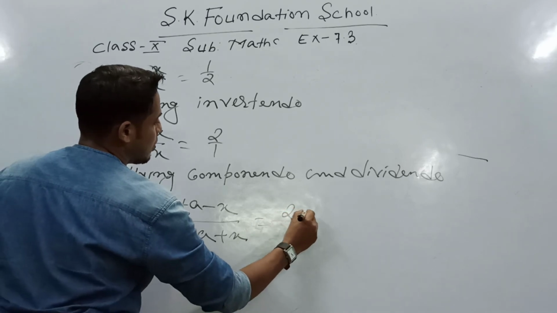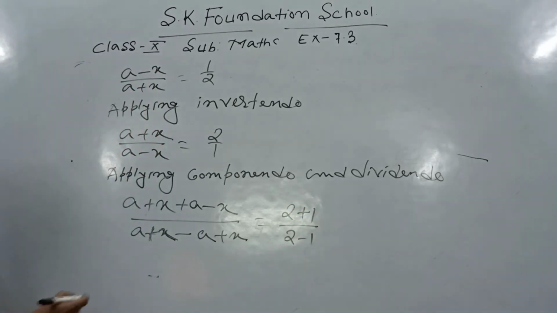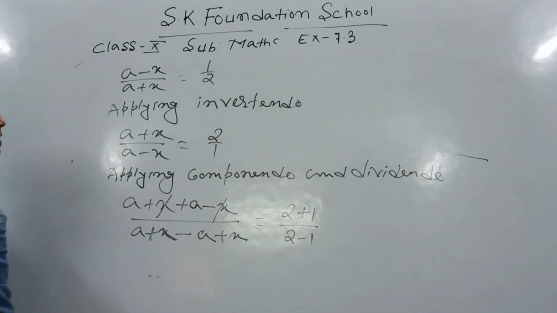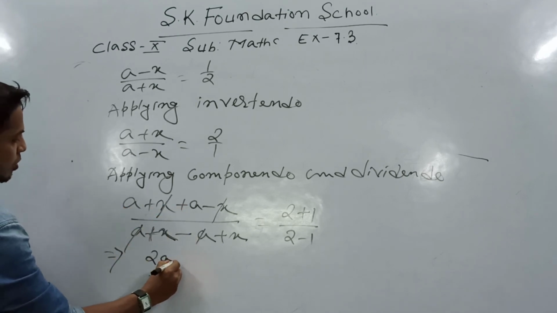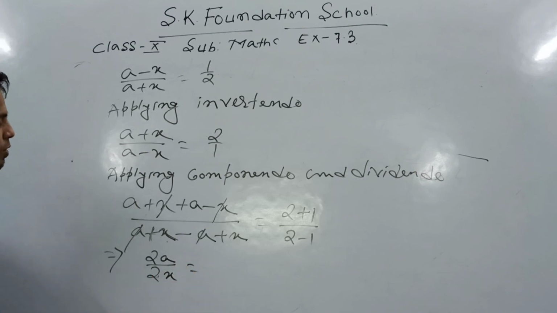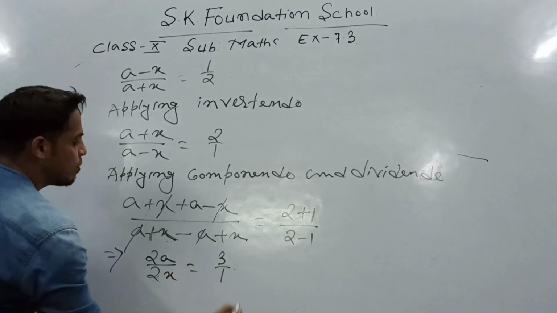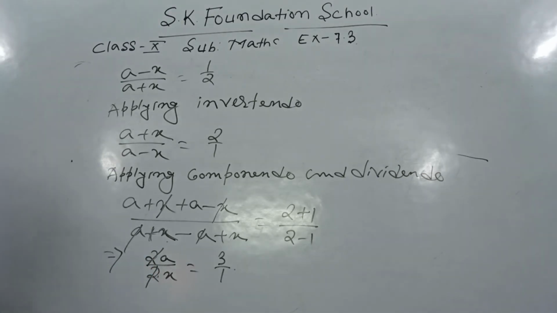And this side 2 plus 1 by 2 minus 1. The x on both sides cancels, here the a cancels, so the remaining part is a plus a, 2a, over x plus x, 2x, equals 3 by 1, 2 cancels, right?